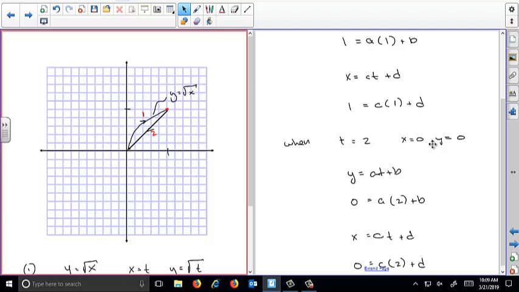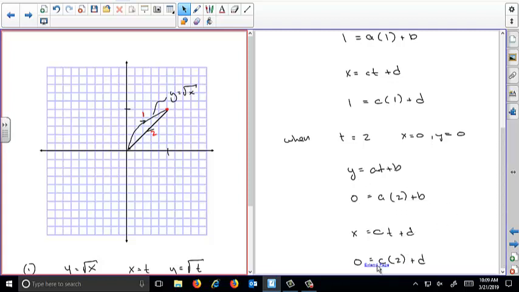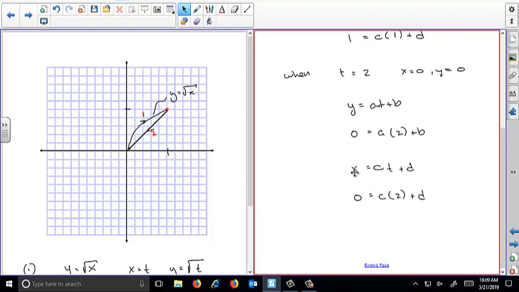So again, you plug in x and y, x and t into here, so you have y equals 0, t equals 2. And so you get 0 is equal to 2a plus b, and then you do that for the x part. x equals 0 from here, the final point, t equals 2, you get c plus d equals 0.